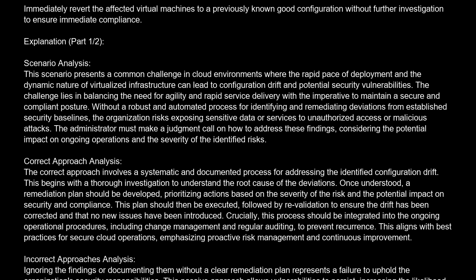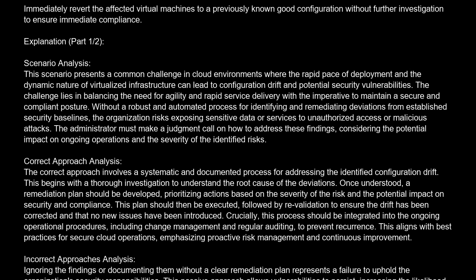Explanation. Scenario analysis. This scenario presents a common challenge in cloud environments where the rapid pace of deployment and the dynamic nature of virtualized infrastructure can lead to configuration drift and potential security vulnerabilities. The challenge lies in balancing the need for agility and rapid service delivery with the imperative to maintain a secure and compliant posture.